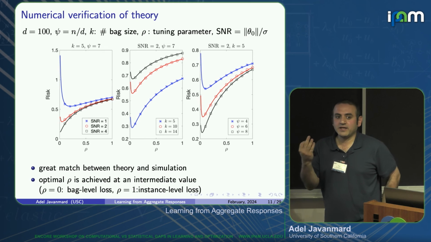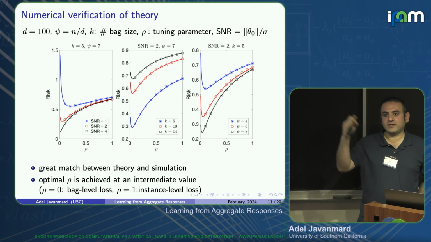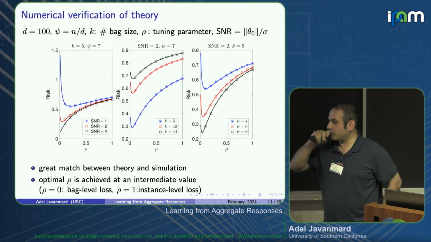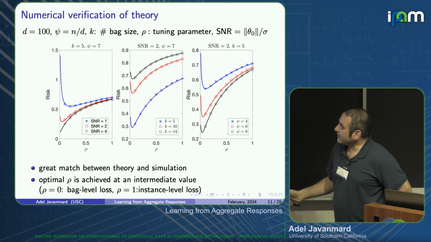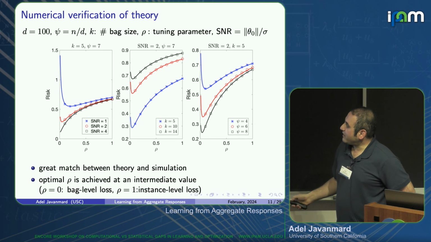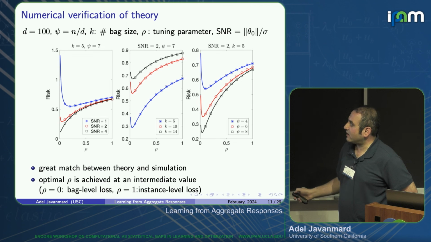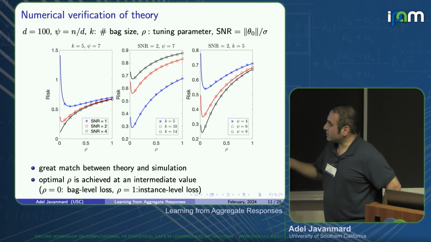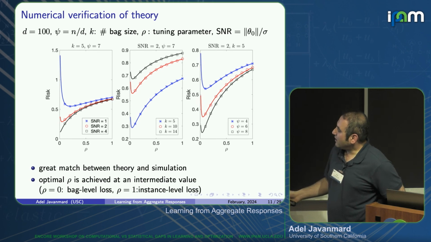It's at something in between. Okay, so potentially you can come up with the models that are working better than either the bag level or the instance level. And then you can capture the effect of different things like the SNR, which is model over the sigma, and then overparameterization, the size of the bag, and you see how they are changing the loss. So it's very natural because as you increase the size of the bag, you see that the risk is going up.